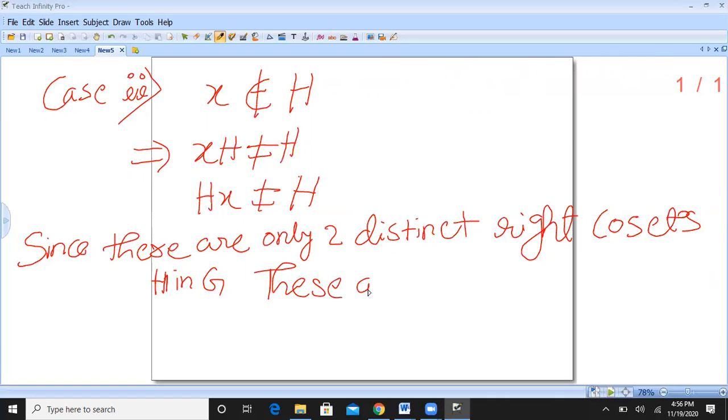So here two cases come: x belongs to H and x does not belong to H. These are the two distinct right cosets.